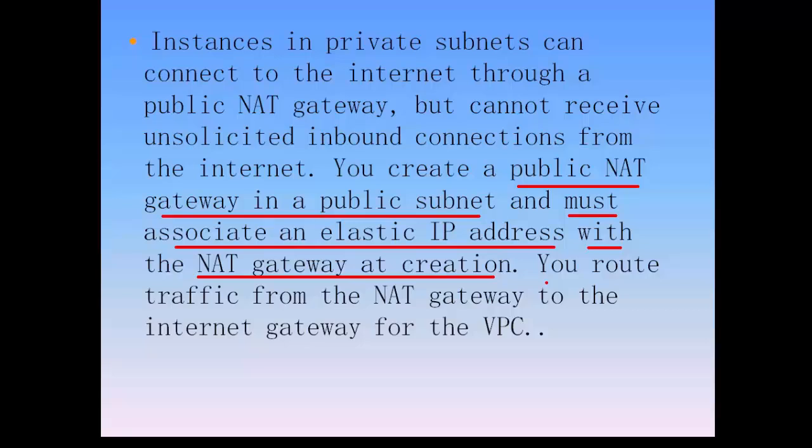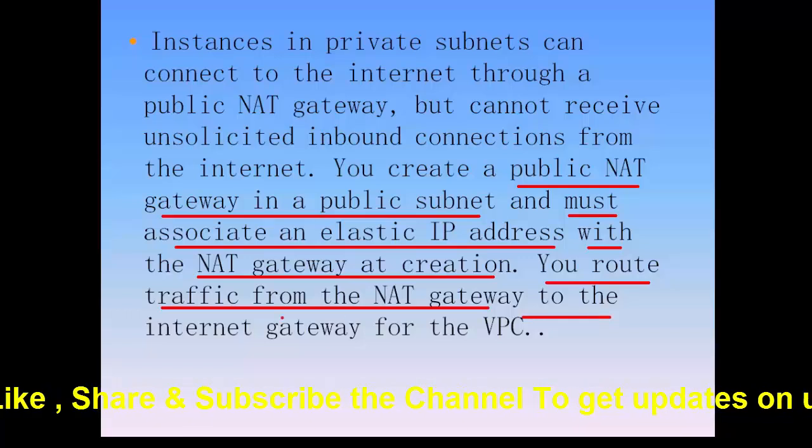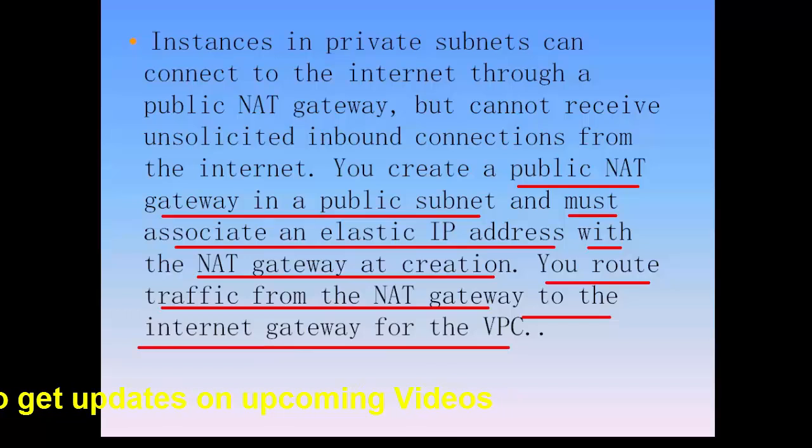And the last condition: you route NAT traffic from the NAT gateway to the internet gateway that I explained in the VPC picture. Simply, the theory is very simple, nothing much complicated. I created this very short video to introduce the roles and conditions of a NAT gateway.